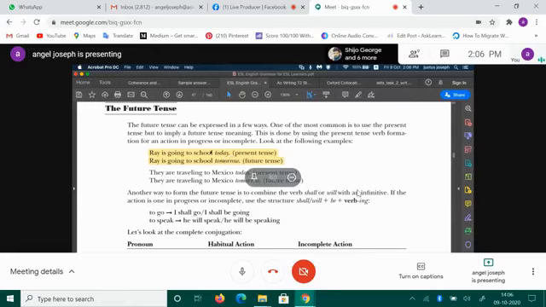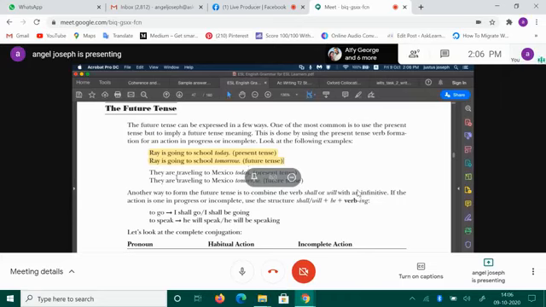If you just change this word, the sentence will become something that's going to happen in the future. So somebody asks you, when is Ray going to school? You will answer, Ray is going to school tomorrow.